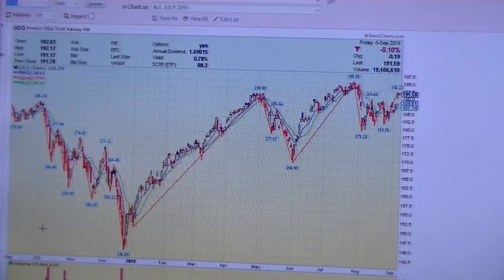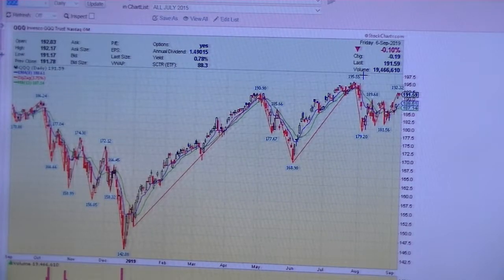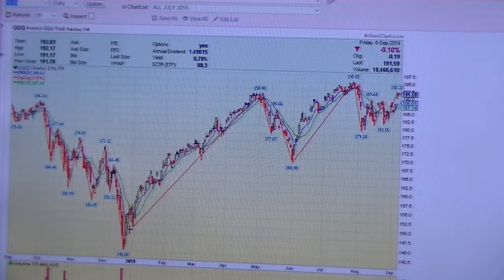If you look on the left of the chart here, you can see it starts in September of 2018, and it goes all the way to September of 2019, which is current. Remember I said before that resistance is the highest price point of a stock, and support is the lowest.